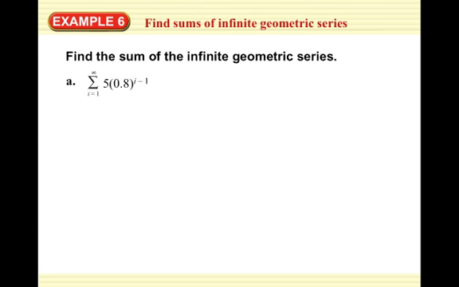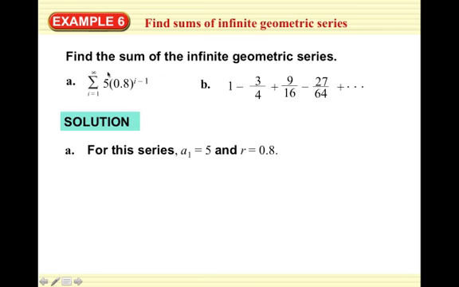All right, we're going to find the sum of the infinite series given below. We've got i equals 1 to infinity of 5 times 0.8 to the i minus 1 power. So we want to identify a1, and then we want to look at r. So a1, if you plug in 1, you're going to have 1 minus 1 there, which gives you the 0 power, and 0.8 to the 0 power is just 1, times 5 is 5.